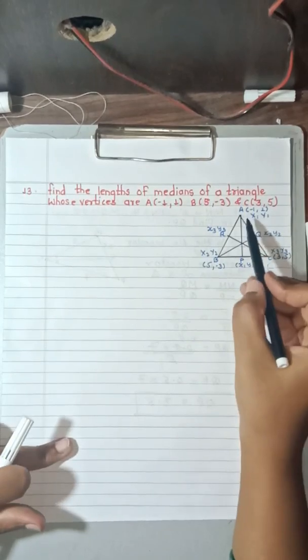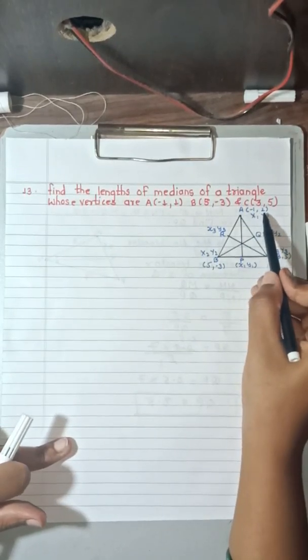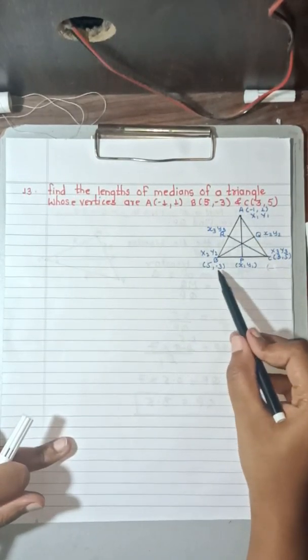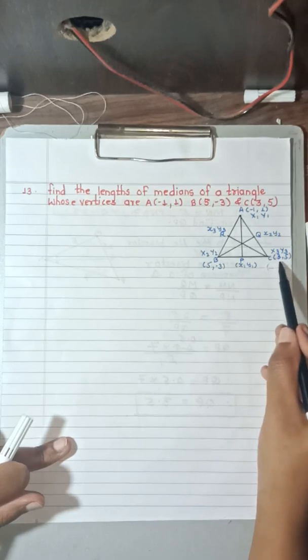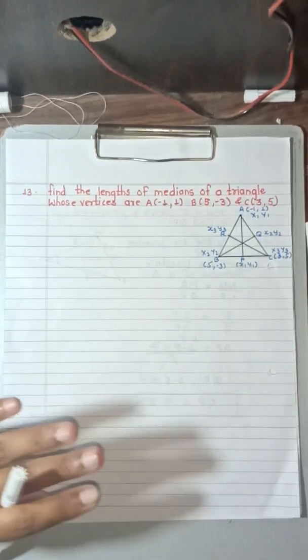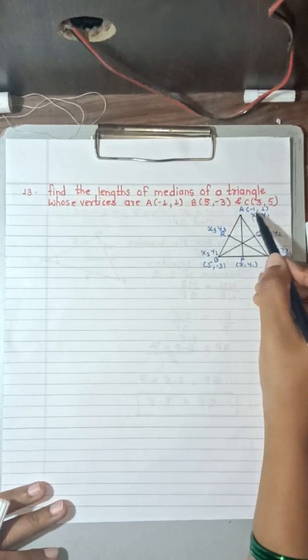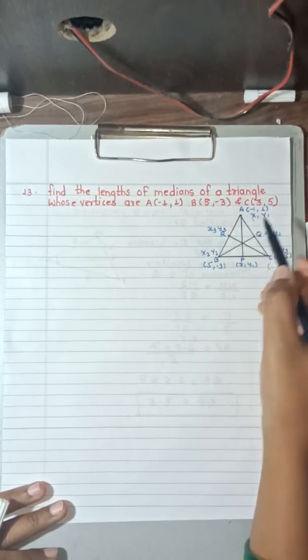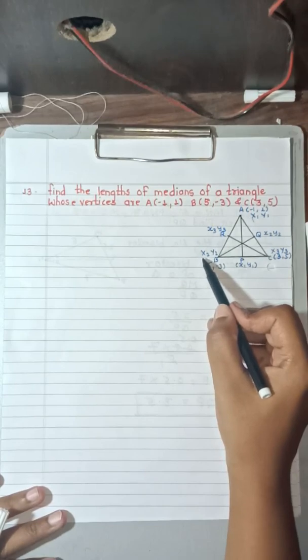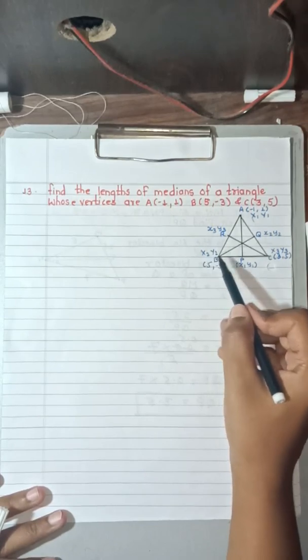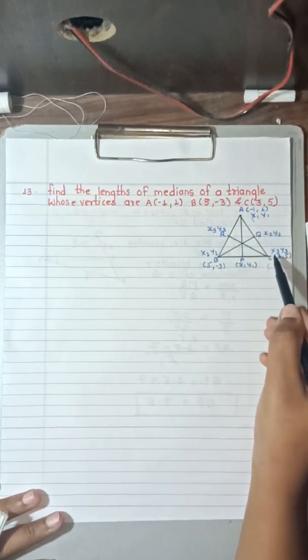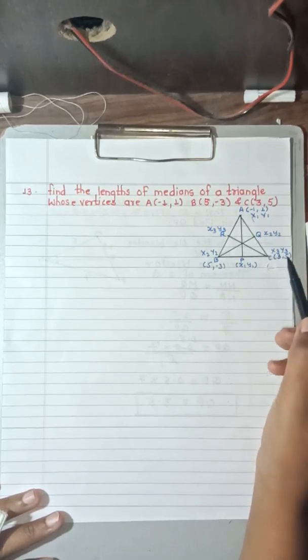Now see, you can see here A value I have written minus 1, 1, B 5 minus 3, C 3, 5. Now children, make a note that this A is capital X1, capital Y1. For B I have named as capital X2 and capital Y2, and for C also I have named as capital X3 and capital Y3.